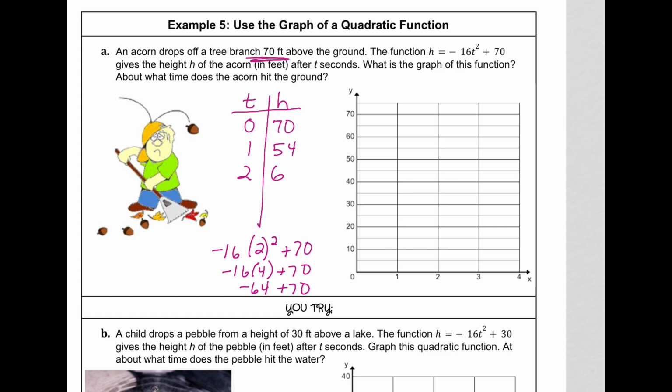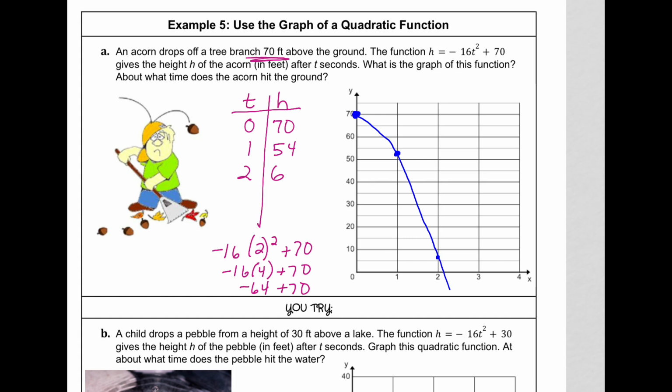So if it's starting here, and at 1 second it was at 54, and at 2 seconds it's at 6 feet, so we're almost at the ground, I could go ahead and graph that, and I could see where it was going to be.